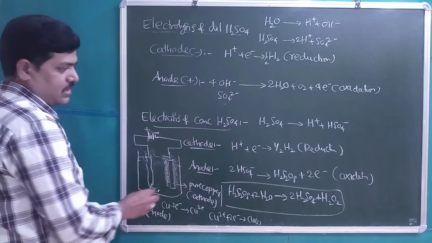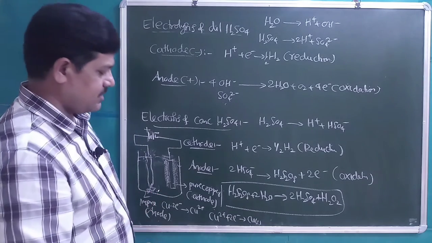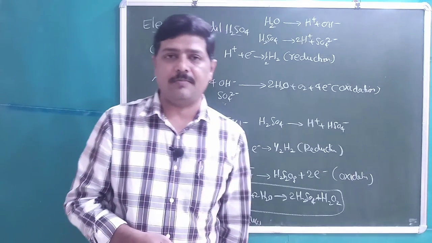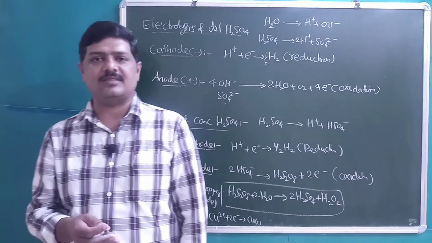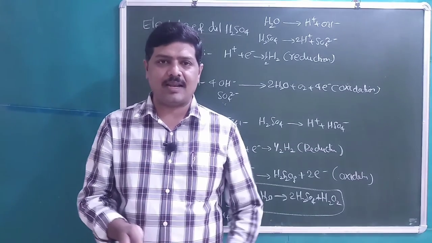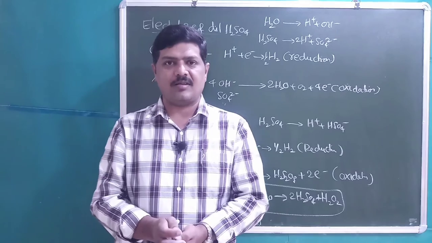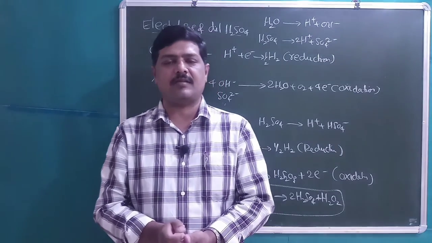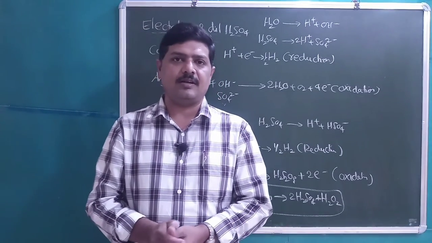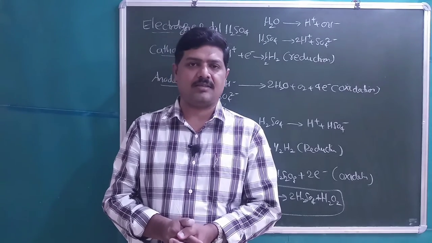Friends, this is about the electrolysis process. The product of electrolysis depends not only on the electrolytic solution. If it is a molten electrolyte, the products of electrolysis come only from its ions. If it is an aqueous electrolyte, then it depends on the preferential discharge theory.